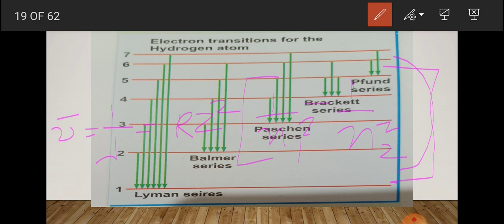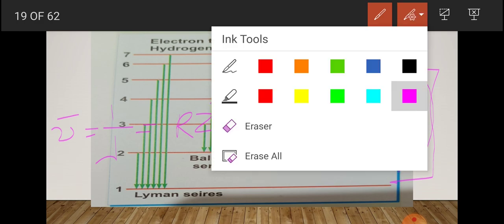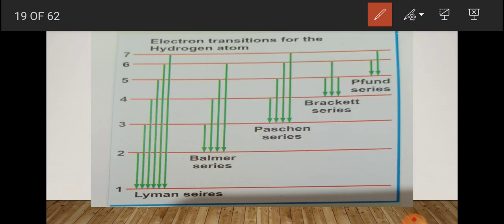Suppose I am talking about the Lyman series, so N1 will be 1. If I am talking about the Paschen series, N1 will be 3. If I am talking about the Pfund series, N1 will be 5. When you draw this, you will find that when moving from Lyman to Balmer, Paschen, Brackett, Pfund, one ray you have to delete.